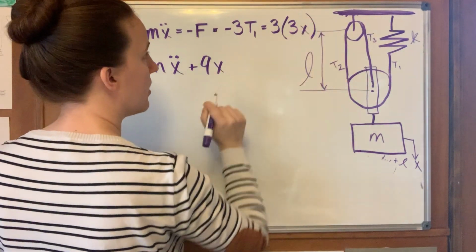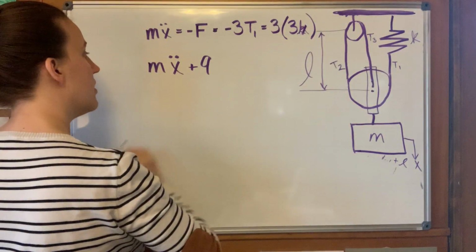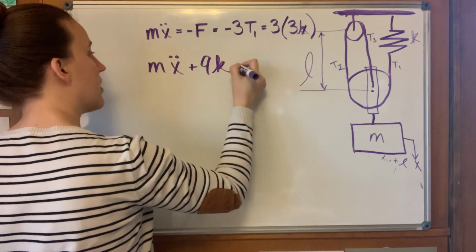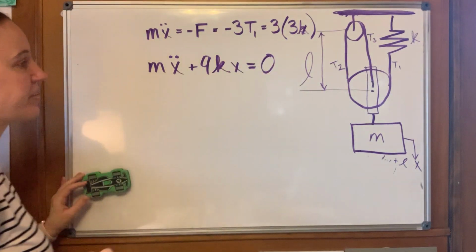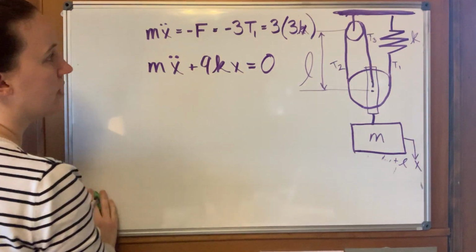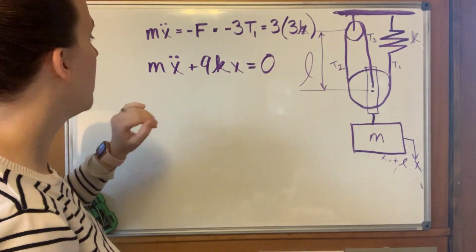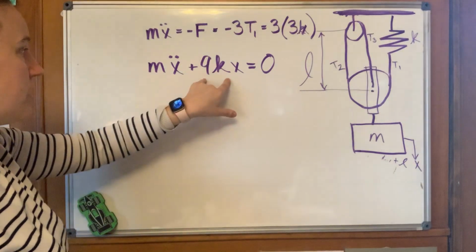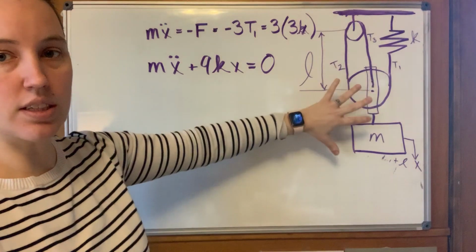There should be a k. 9kx equals 0. Right, because it's going to be whatever that displacement is times k. So the equivalent stiffness for this system is going to be not just k, but 9k, and that's because of how this is set up.